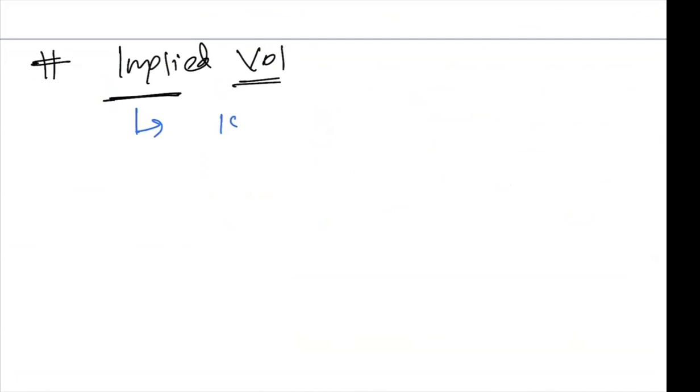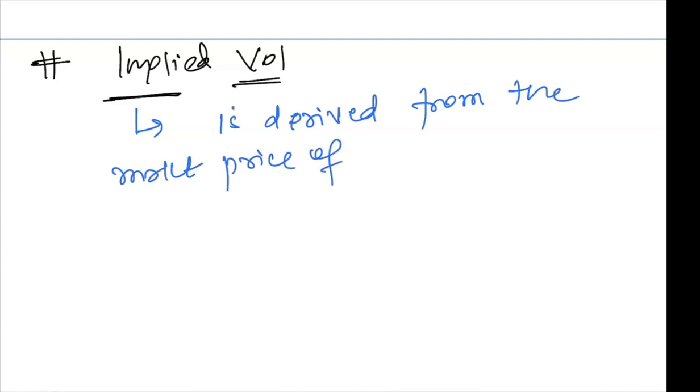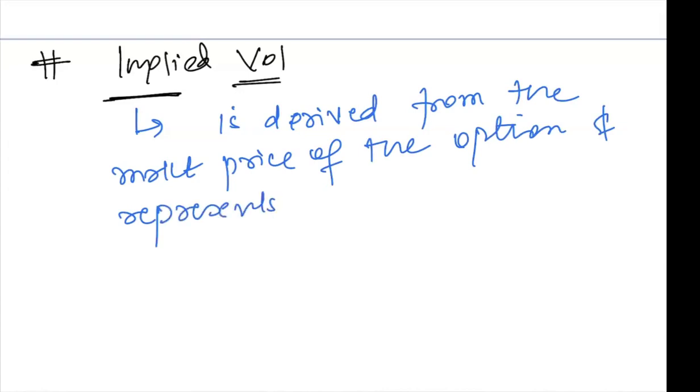Implied volatility is derived from the market price of the option, and it represents the market expectation of future volatility.